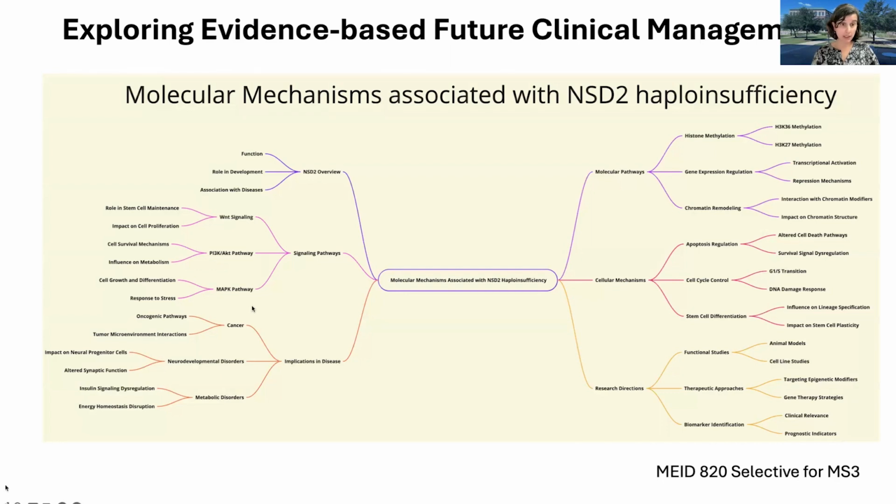So since it's a gene that is early in development, it's affecting multiple signaling pathways in different parts. It's even implicated in cancer potential and other neurodevelopmental disorders and metabolic disorders. So it gives a preview of what can happen to this patient.